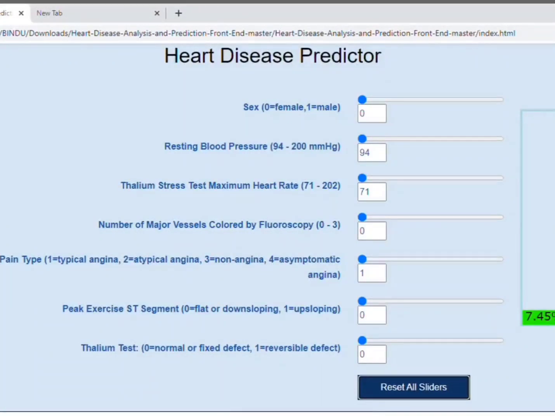Now I am going to pass the attribute values collected from one of the patients. I can either use the slide bar to change the values or I can pass them by typing the values.